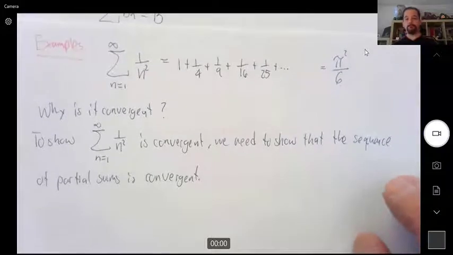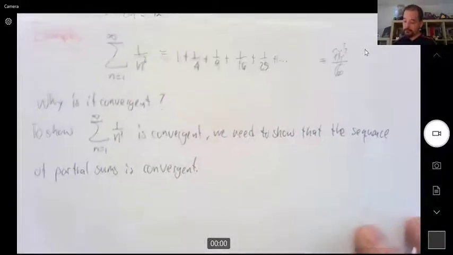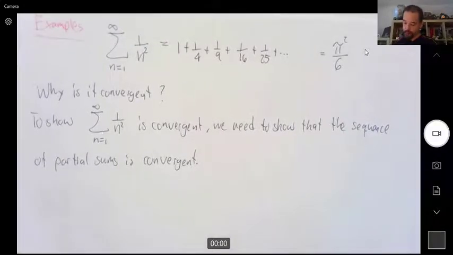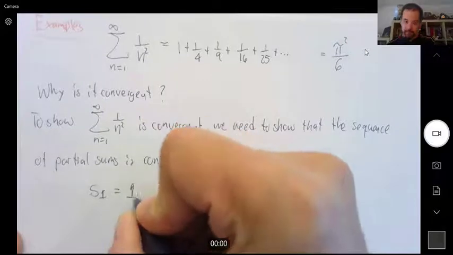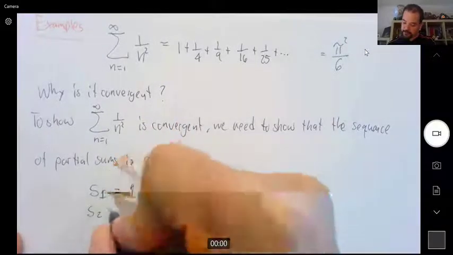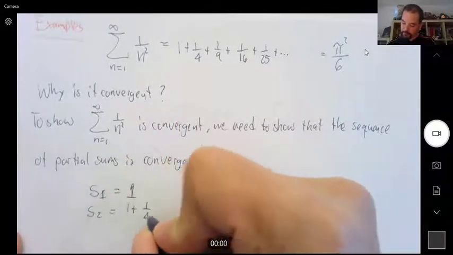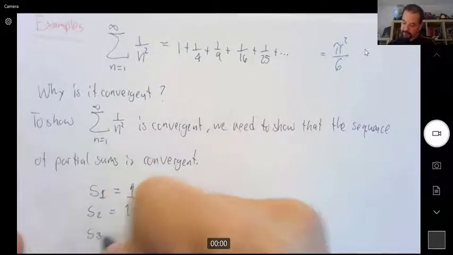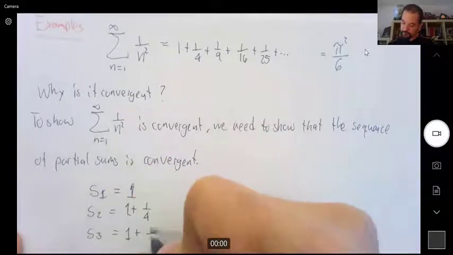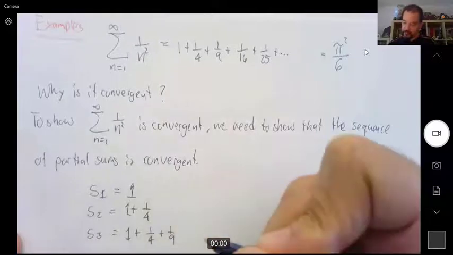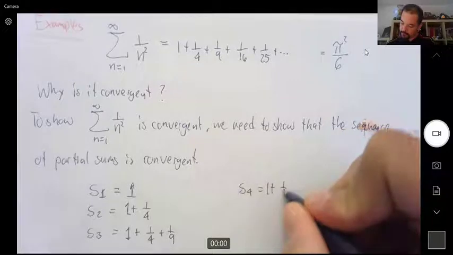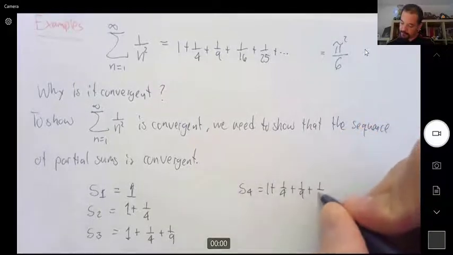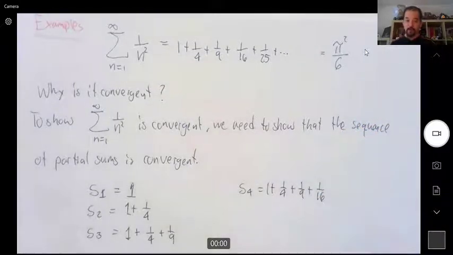Now, how can we do that? Well, let's take a look at the sequence of partial sums. What is S1? S1 is just 1, right? Then S2 is 1 plus 1/4. How about S3? Well, it's 1 plus 1/4 plus 1/9. And then S4, 1 plus 1/4 plus 1/9 plus 1/16. And so on, right?